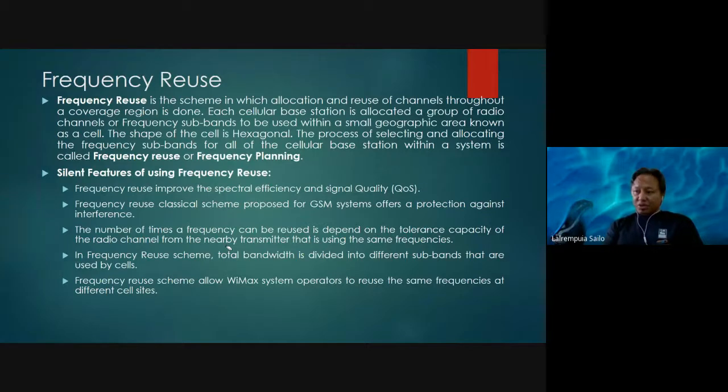The frequency reuse scheme allows WiMAX system operators to reuse the same frequency at different cell sites. So frequency reuse is in WiMAX and also in GSM, Global System for Mobile Communications. GSM uses this type of technology.